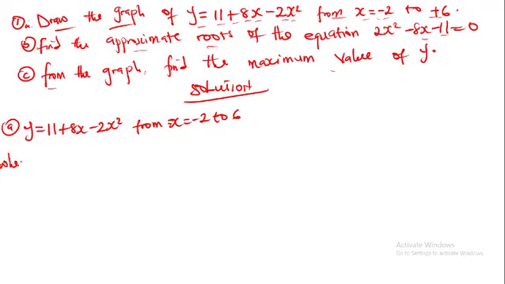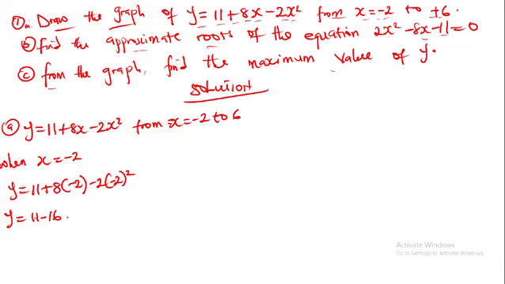When x is equal to minus 2, y is equal to 11 plus 8 into minus 2 minus 2 into minus 2 squared. 8 times minus 2 will give us minus 16, and then we have minus 2 squared, which is 4. 4 times minus 2 will give us minus 8.